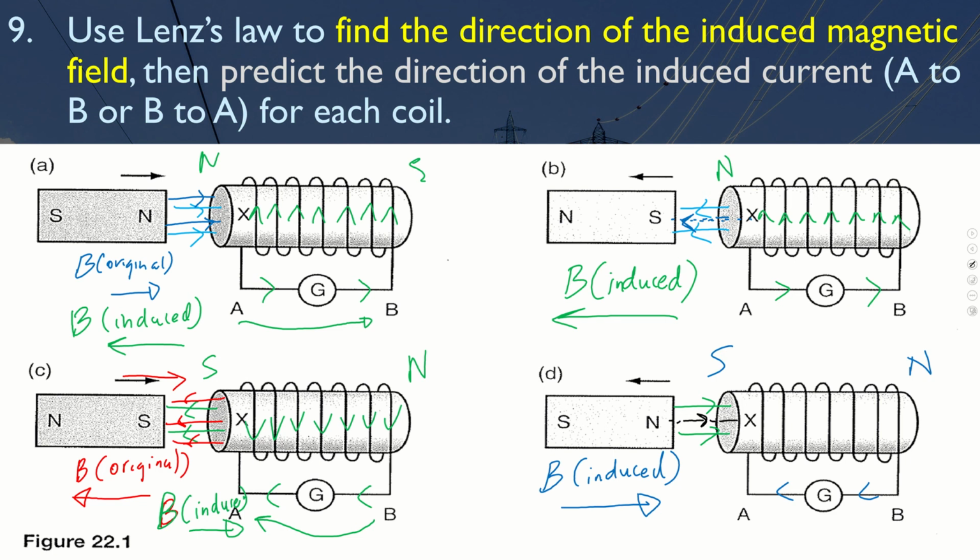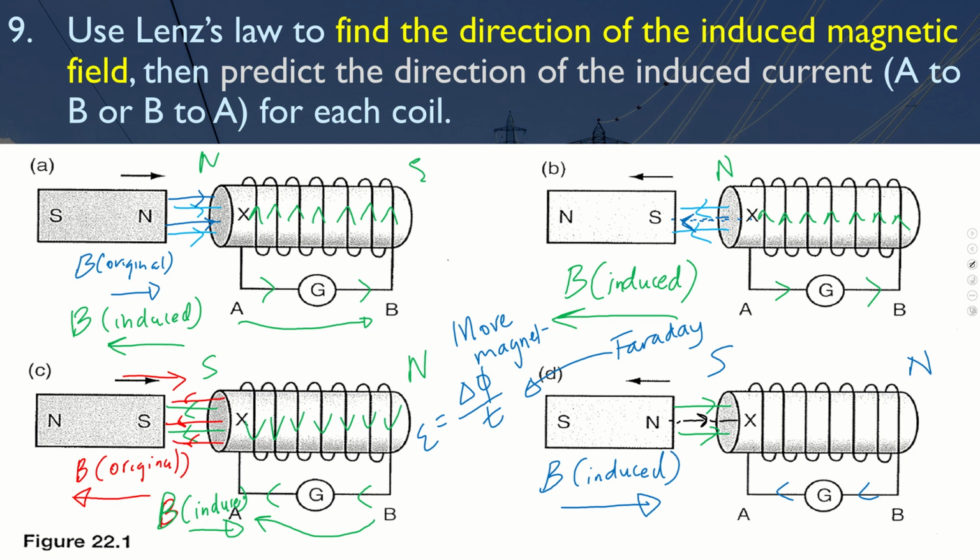Okay, so there's that. By moving our magnet, we cause a change in flux over time, and that produces an EMF. This is Faraday's law. Okay, and that's what Faraday told us.